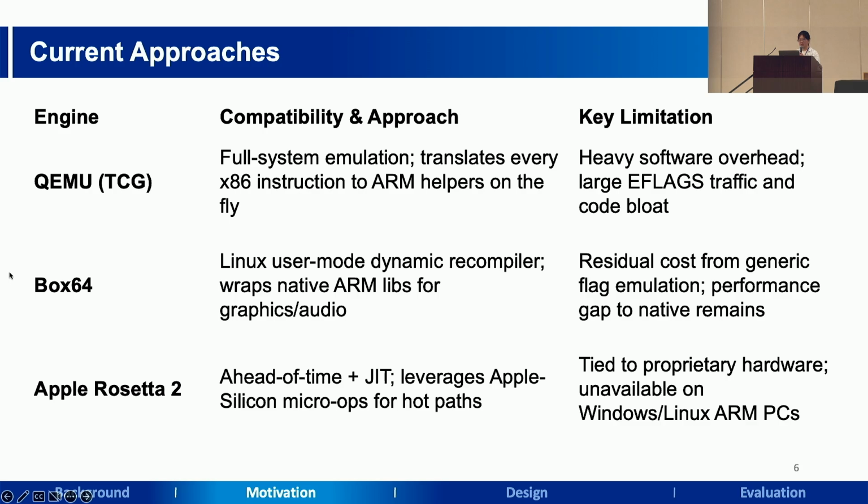Box64 cuts some of that by running in user mode and using native ARM libraries for graphics and audio, so it runs many Linux games decently, but its generic flag emulation still leaves it 20 to 30% slower than native. Third, Apple Rosetta 2 goes further with ahead-of-time translation and special hardware tricks in M-series chips to shortcut many flag operations, achieving up to 80% of native speed on macOS. But the speed relies on Apple's proprietary hardware, so it doesn't help Windows or Linux ARM users.